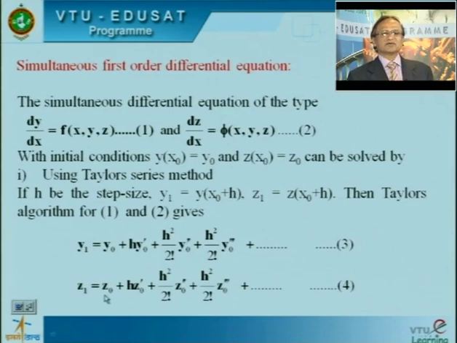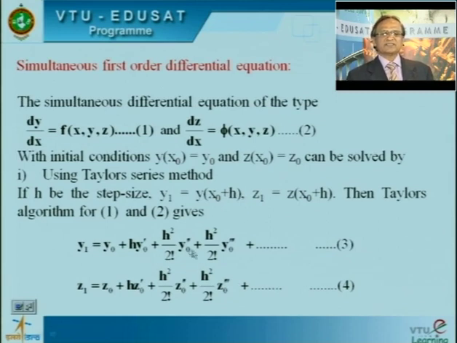z1 is equal to z naught plus h into z dash, or z single prime. It means you want to find the derivative of this function. Similarly, the second derivative, third derivative and so on. Then you can substitute in this formula h square, h cube, h raised to 4 and so on.